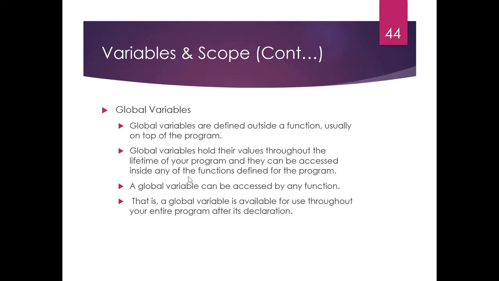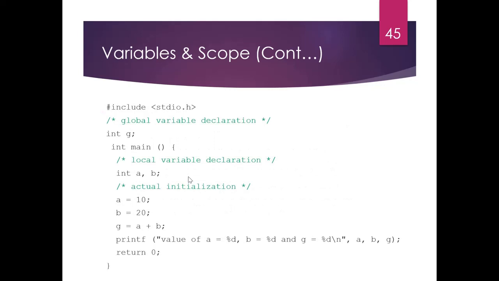That is, a global variable is available for use throughout your entire program after its declaration. Here you can see this variable g is declared outside the main function, just after the include directive. This is a global variable.